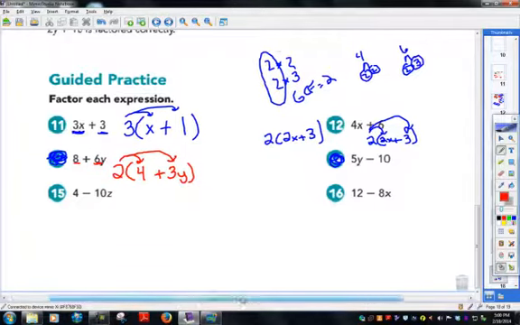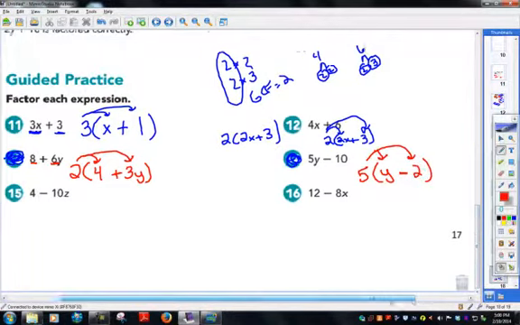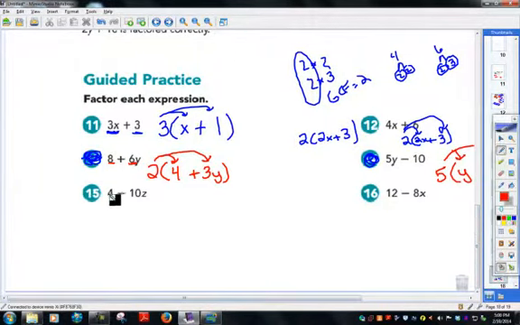Okay? This one here, I know that the GCF of 5 and 10 is 5. And since that's a minus, I'll go ahead and put that in there. What would I multiply 5 times to get back to 5y? Well, I know it would just be y, right? And then what would I multiply 5 times to get to 10? It would be 2. Okay? This is factoring. We've already done it in the year, so this should be review, I hope.